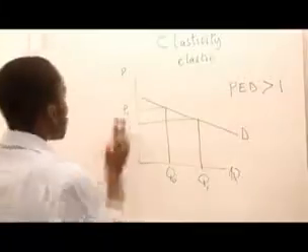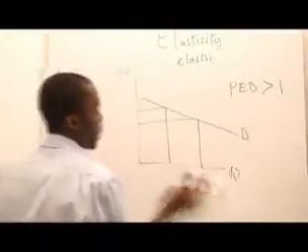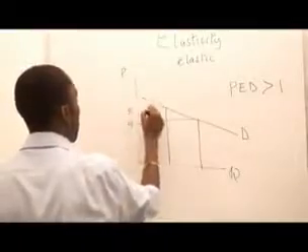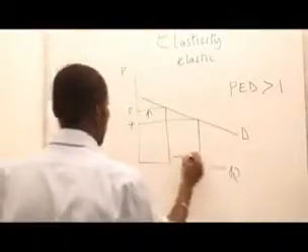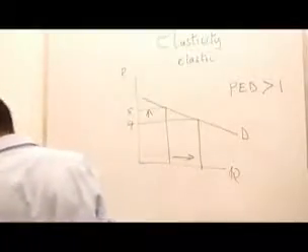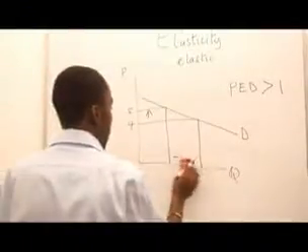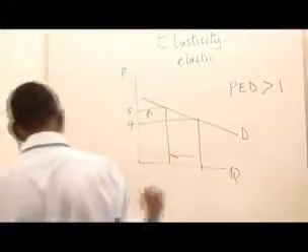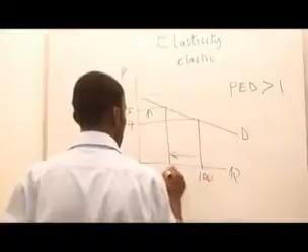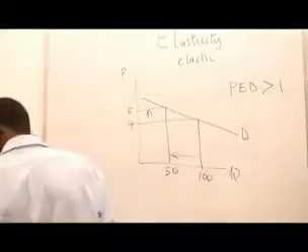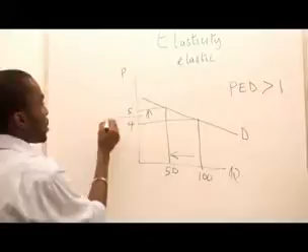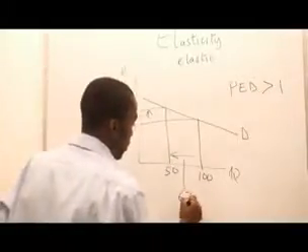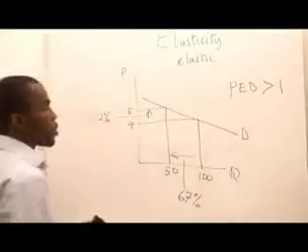So let's say we put figures here, so that say the price now increases from 4 to 5, and we have quantity decreasing from 100 to 50. And we say this percentage change is 22%, and this one is 67%.